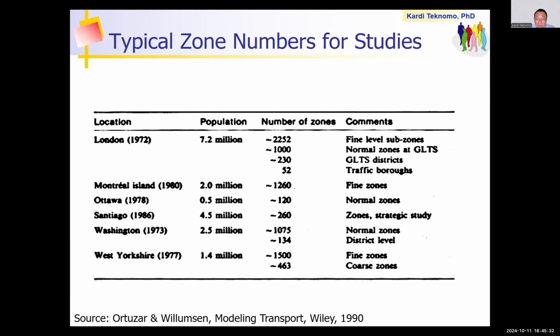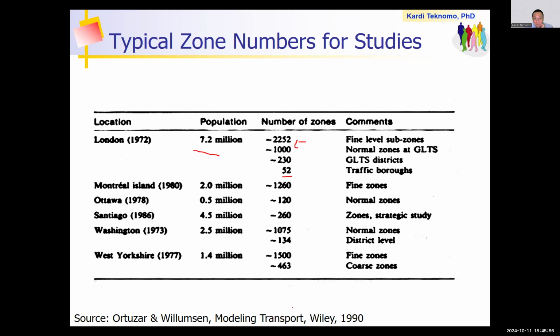Now, these are the typical zone numbers in various studies. You see the number of zones ranges from a small number to 50 up to 2,000. So it's quite a big city. They have different numbers of zones depending on the population.